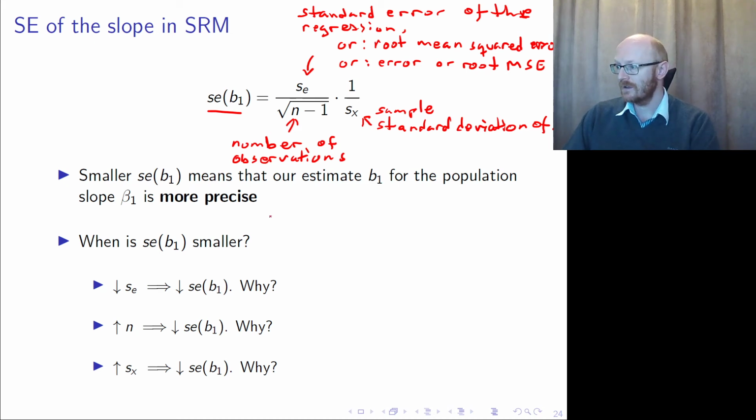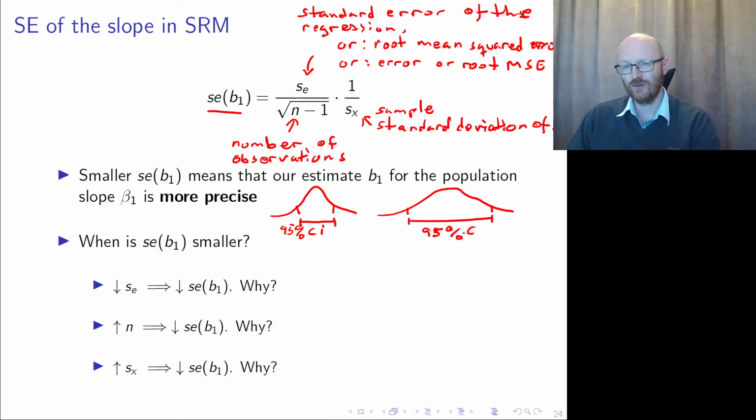So for example, if you have a narrow distribution, you can make a confidence interval, for example a 95% confidence interval, whereas if you have a large standard error, then you would have to make a wider confidence interval to get a 95% chance of containing the true beta 1, the true slope.